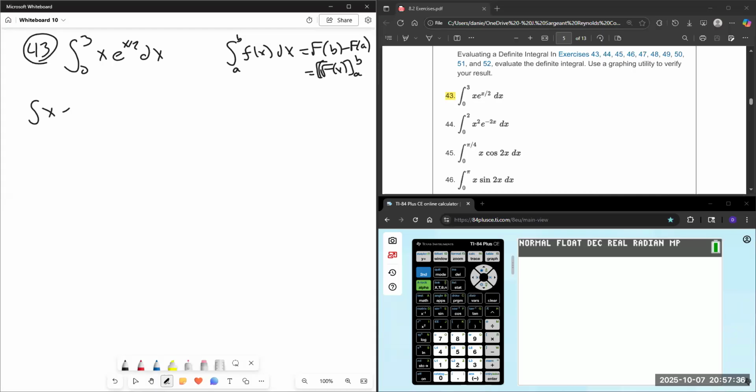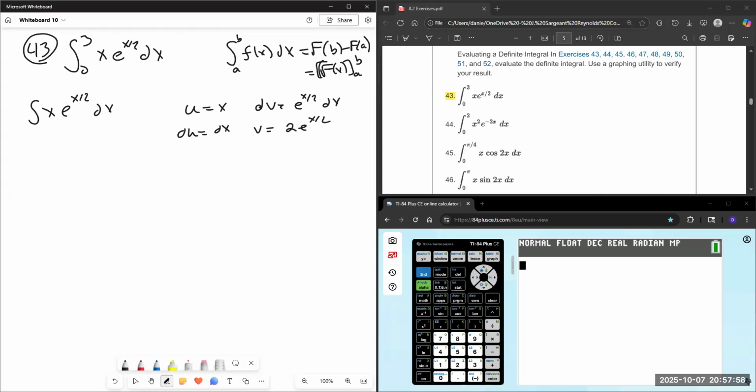So x e to the x over 2 dx with u equal to x and dv equal to e to the x over 2 dx. du will be dx and v will be 2e to the x over 2.